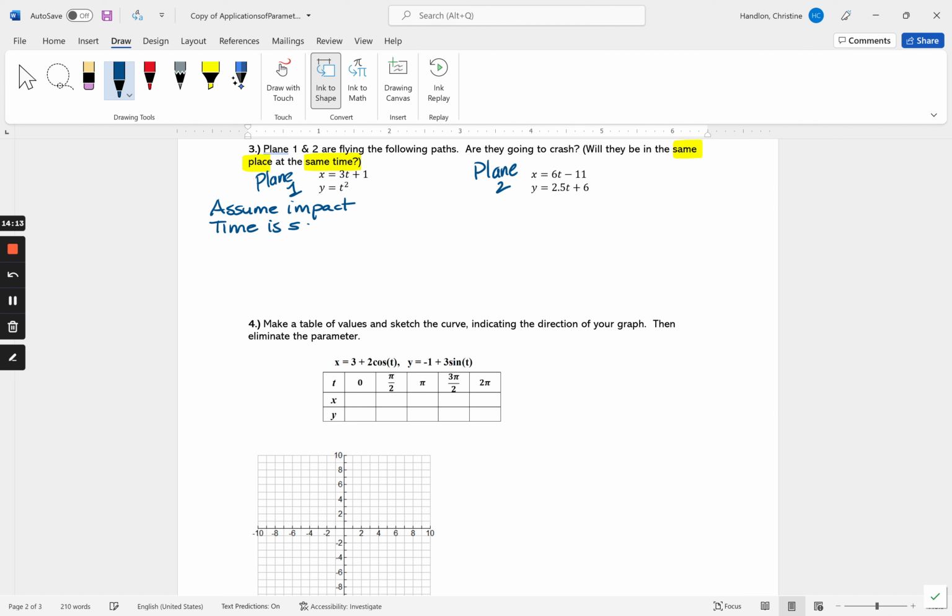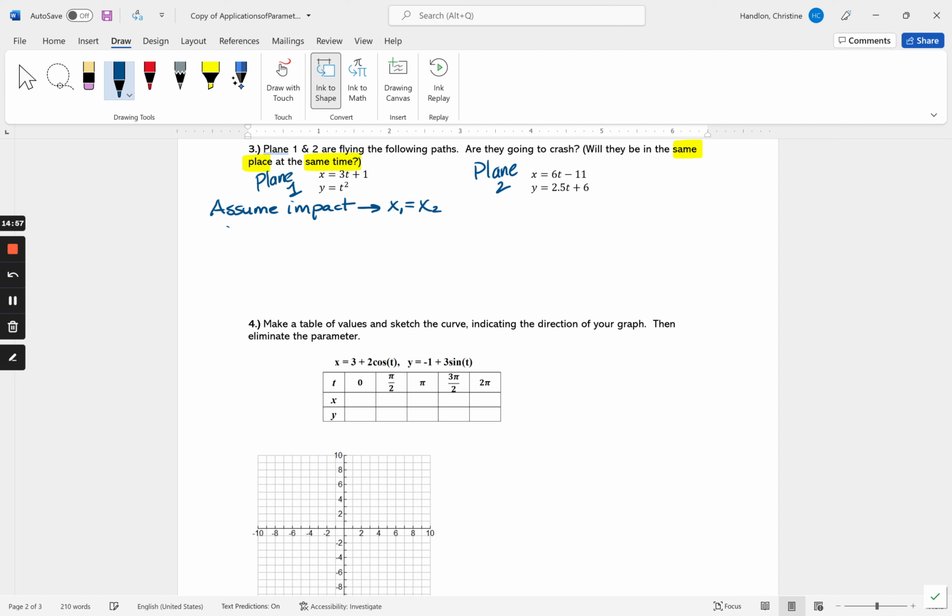Oh my goodness, let me erase this here. Let me rephrase myself. If we assume impact, we're going to assume that the location is the same. So assuming impact, that means the x of plane 1 has to equal the x of plane 2.